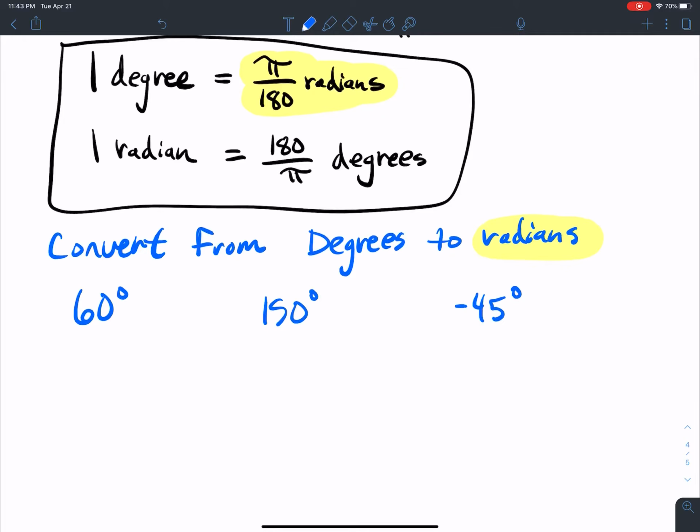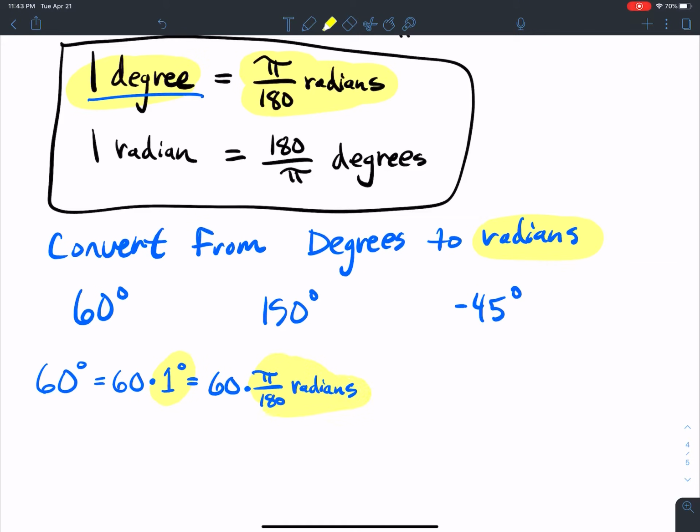So I take 60 degrees, and then I'm going to multiply. This is equal to 60 times 1 degree. But I know 1 degree is equal to pi over 180 radians.